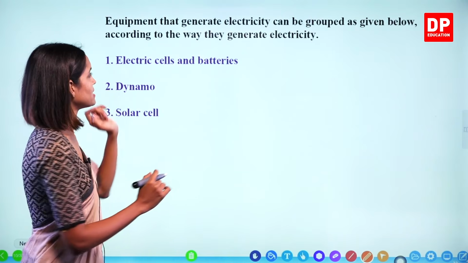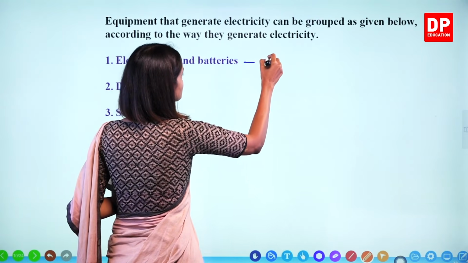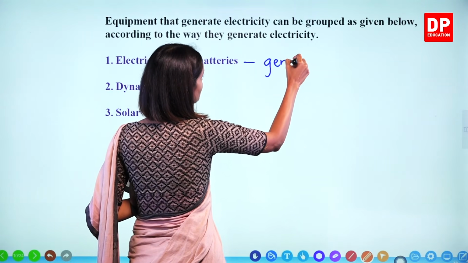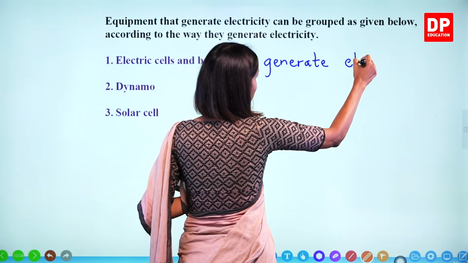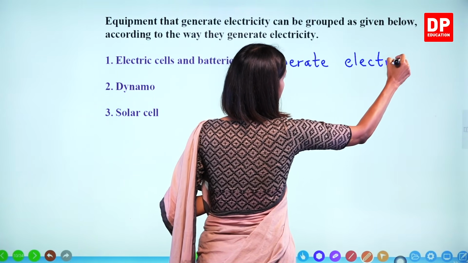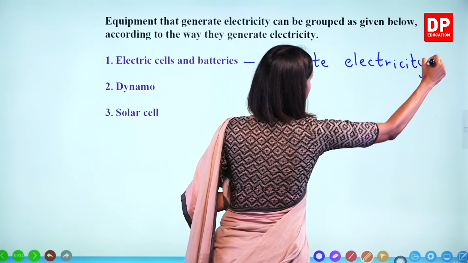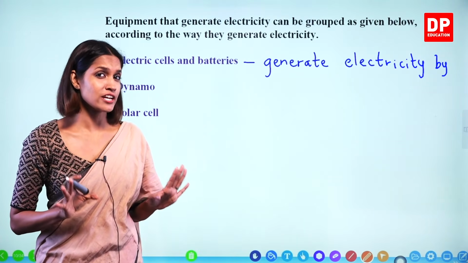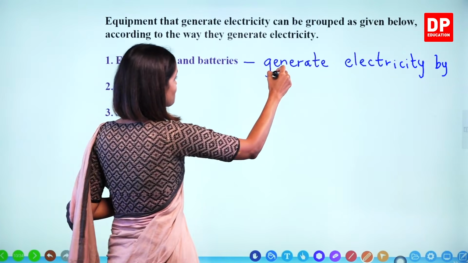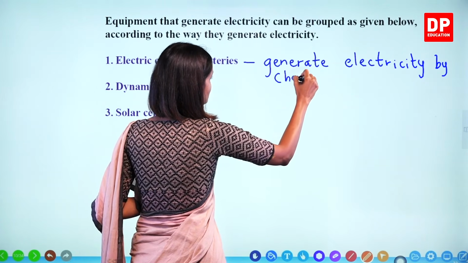Electric cells and batteries generate electricity by chemical reactions, right, children? Chemical reactions.